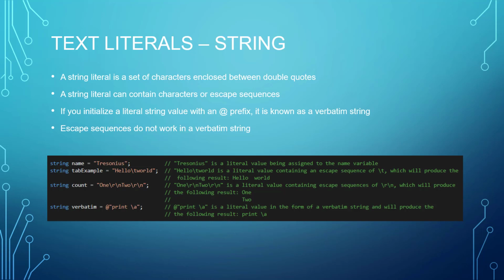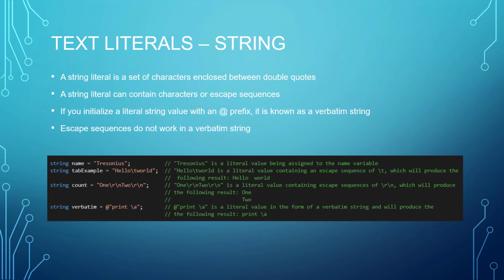Finally, we have declared our final string, and we've named it verbatim. And you've noticed that we've assigned to it a literal string which contains the words print space \a. Now, it's prefixed, though, with the @ symbol. So as a result, this is a verbatim string, which means that escape characters don't work.